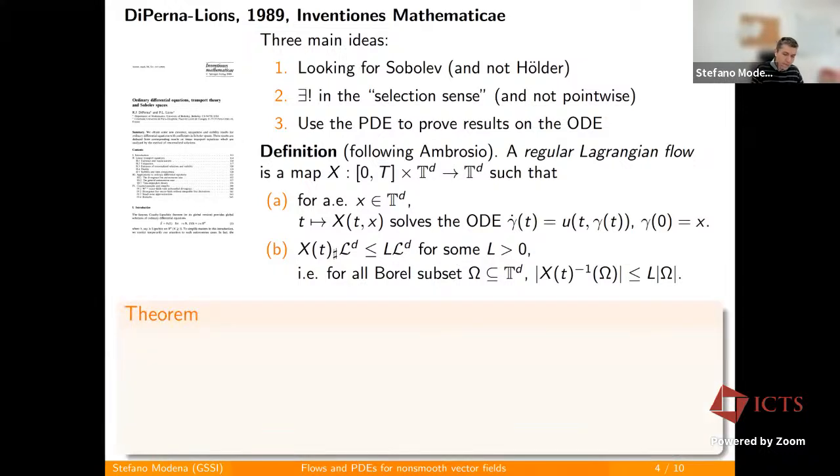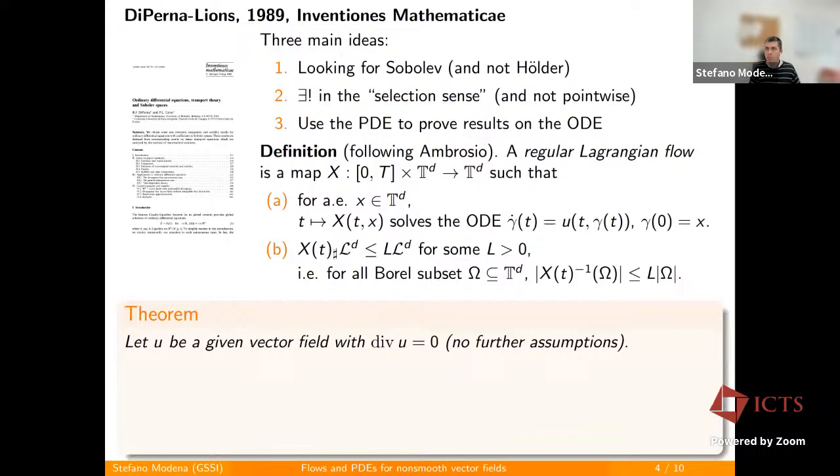Assume that you are given a vector field which is incompressible. This can be relaxed, but we don't care. But no further assumptions. We don't assume Lipschitz, we don't assume Sobolev, we don't assume anything. So let's just pick an incompressible vector field with no further assumption.